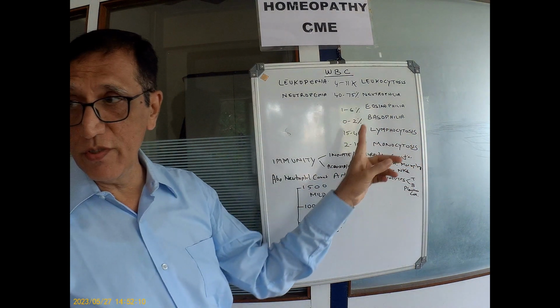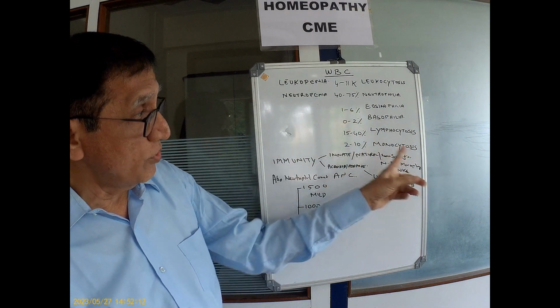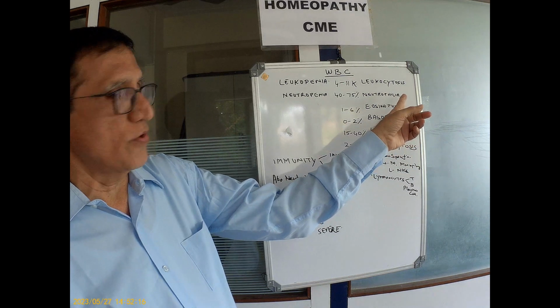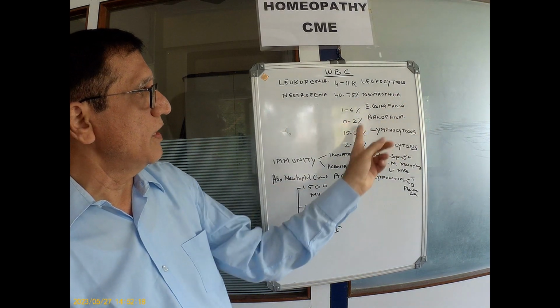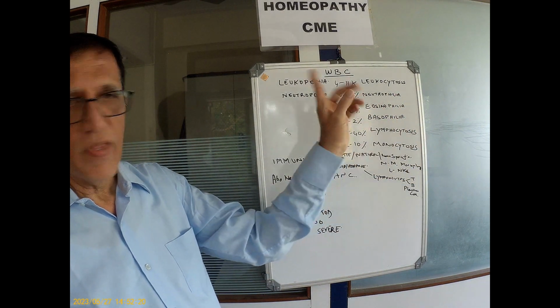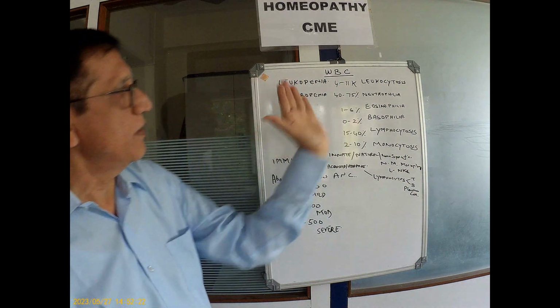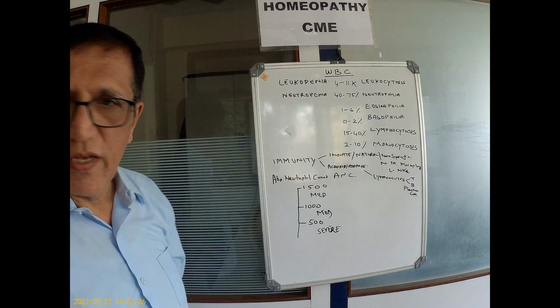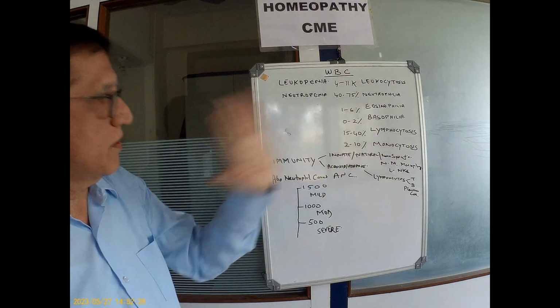The terminology is different: lymphocytosis and monocytosis. Here you won't get neutrocytosis, you get neutrophilia, eosinophilia, basophilia. Neutropenia is lesser, the philia is the greater part, and lymphocytosis, monocytosis is this part of it.